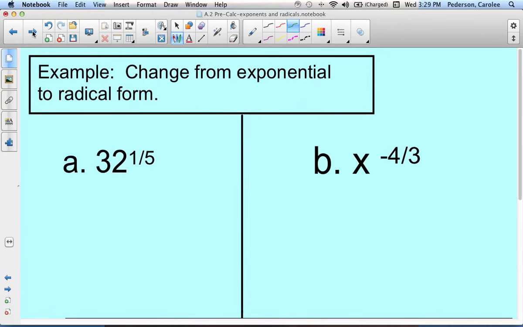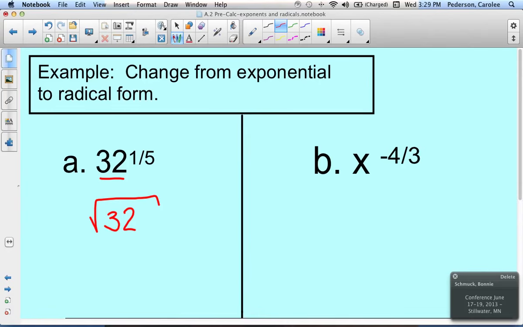Here are some problems where now we give you an exponential, we want you to convert it to a radical. So in this case, the base is 32, so that's going to go underneath. The power is 1, and then the index is 5. So we say the 5th root of 32.